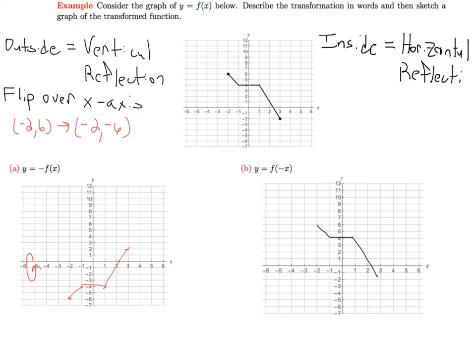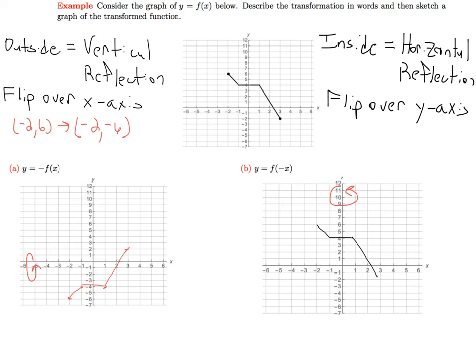And so this is going to result in a flip of the graph over the y-axis. So we're going to take this graph and flip it around the y-axis. So each of these points, we're going to get the mirror image on the other side of the y-axis.